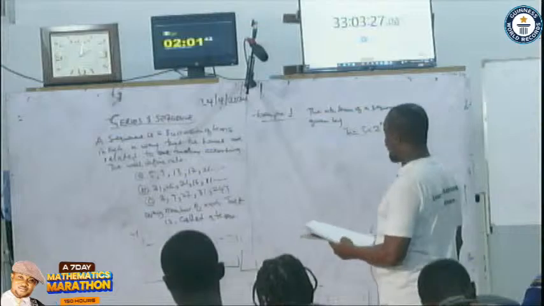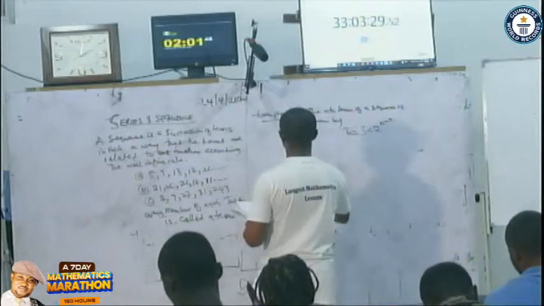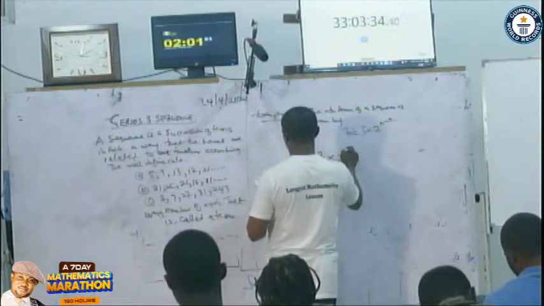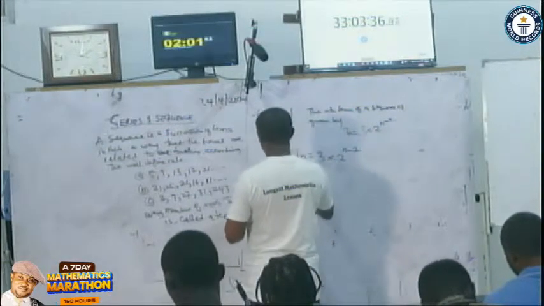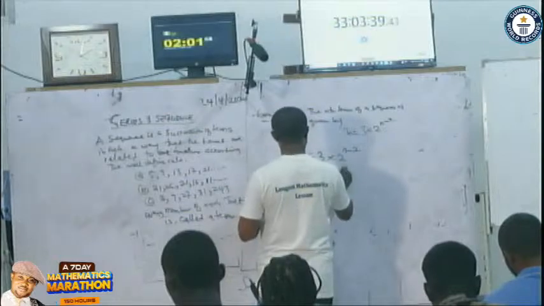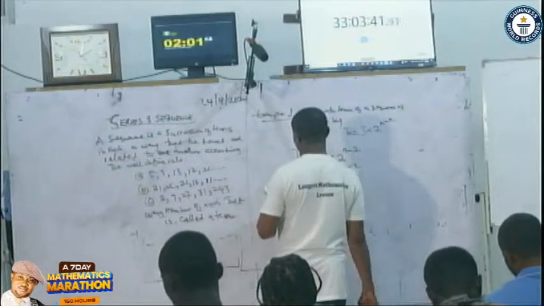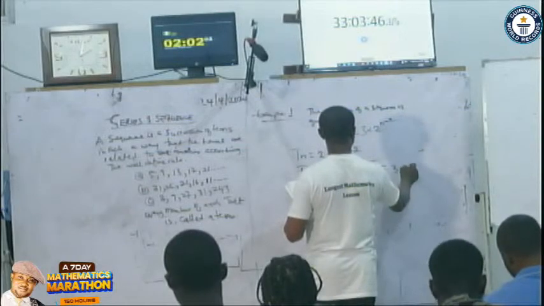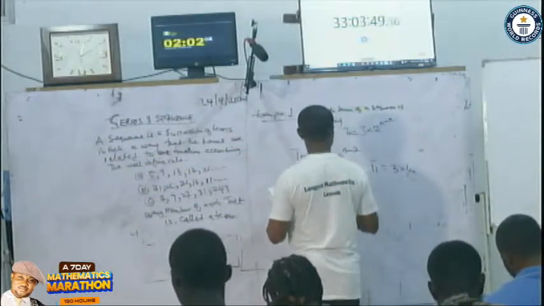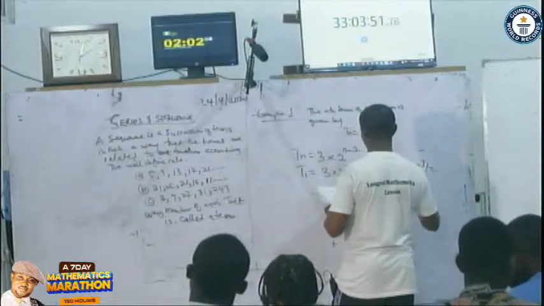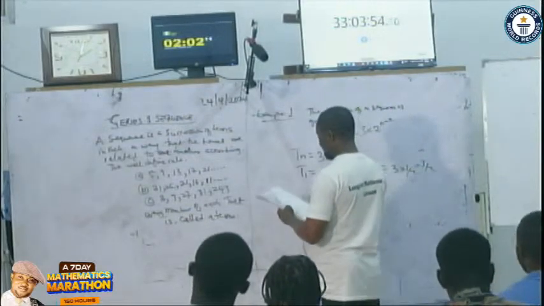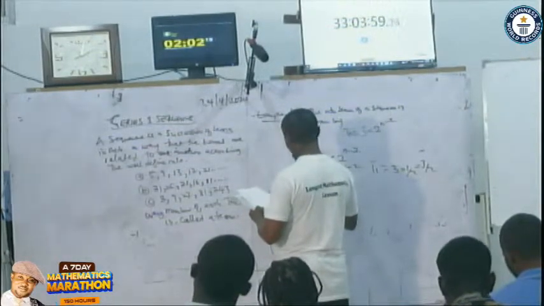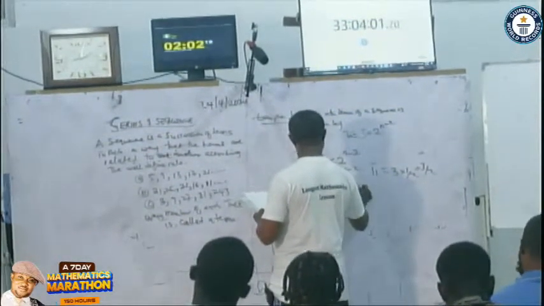So what you do is that you now say that Tn equals 3 times 2 to the power of n minus 2. So T1 will now be what? 3 times 2 to the power of 1 minus 2. Which means T1 will now be equal to what? Now T2, 3 times 2 to the power of 2 minus 2.